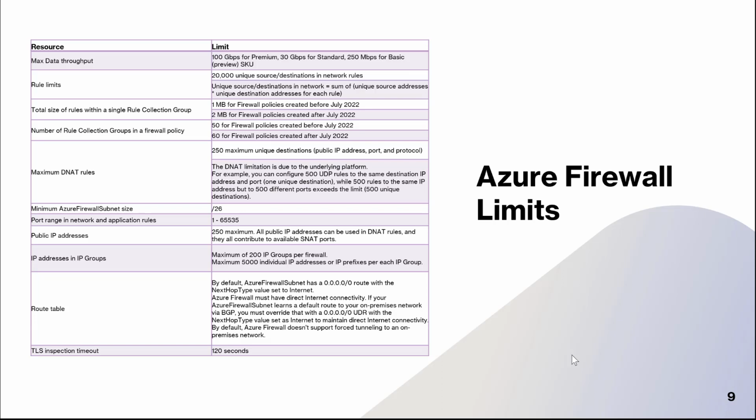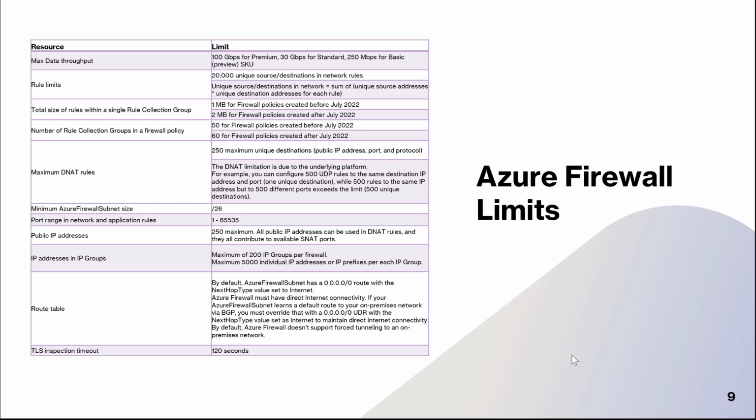IP addresses and IP groups: maximum 200 IP groups per firewall and maximum 5,000 individual IP addresses per IP group, right? That's very clear. Route table: the Azure Firewall subnet where we deploy the Azure Firewall has a 0.0.0.0/0 route with the next hop type value set to internet.